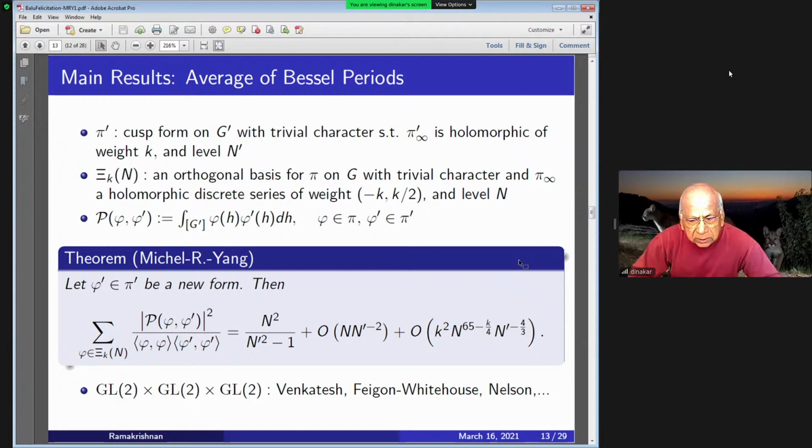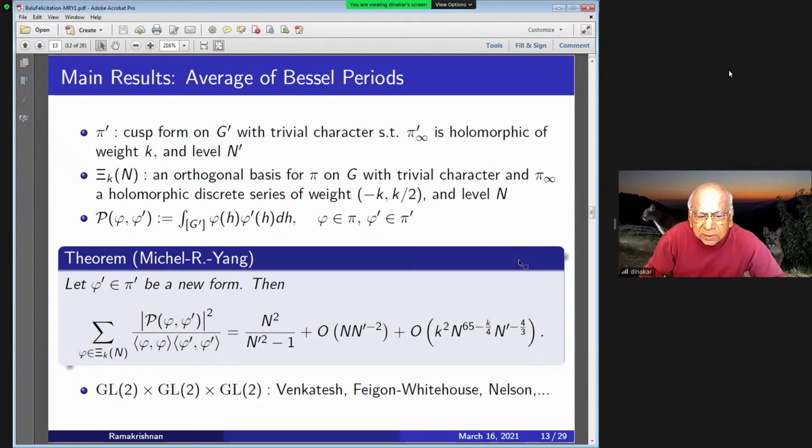So we get an asymptotic formula and we can then estimate certain things. I just wanted to say that for GL2 cross GL2 cross GL2 there are many results, and the dots should include many names, because there are many people.